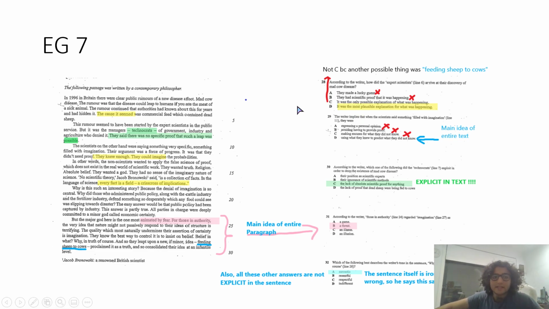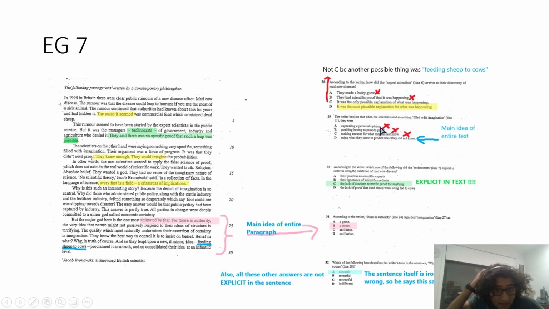So basically what this is saying is that they don't really need the proof, but they had figured it out because this is the most plausible thing. From the fact, they've got a crisscross of implication. That has caused them to think this about the mad cow disease, which is why it's the most plausible explanation.